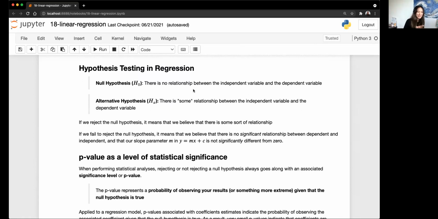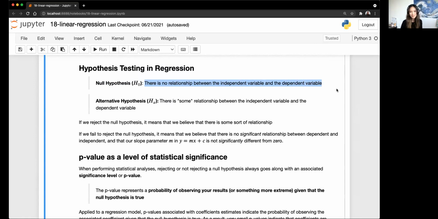The null hypothesis is that there is no relationship between the dependent variable and the independent variable. The alternative hypothesis says that there is some relationship between the independent variable and the dependent variable. So what does no relationship mean?